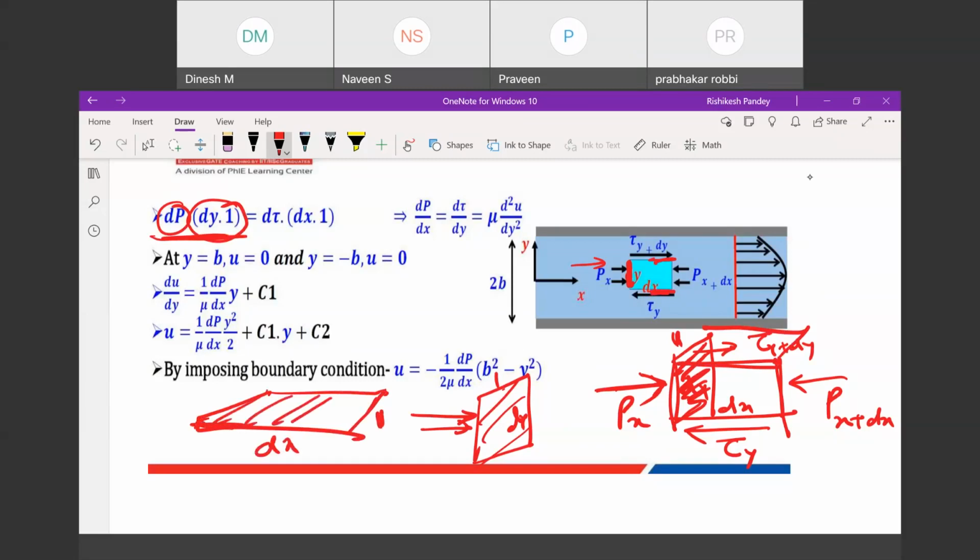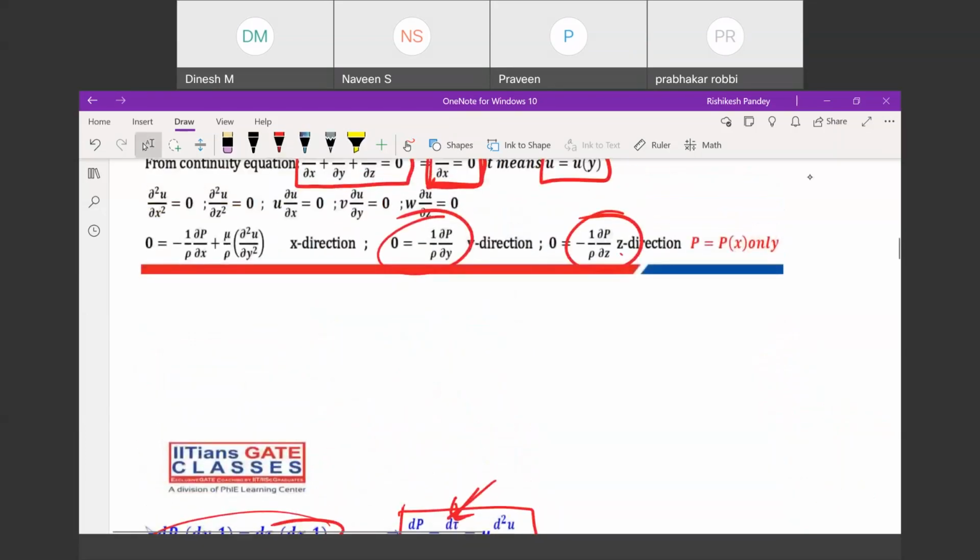So this area is dx multiplied by 1, and the differential shear stress is d tau. Now you can rearrange this one and you will get this equation. And you can write tau as mu du by dy, and you will get this equation only, which is the same as this equation.